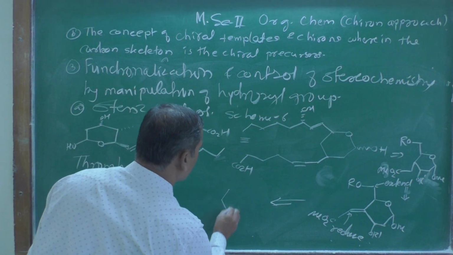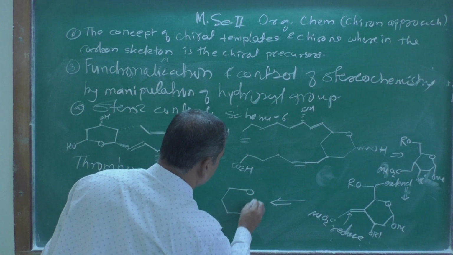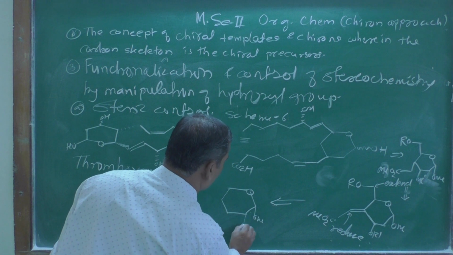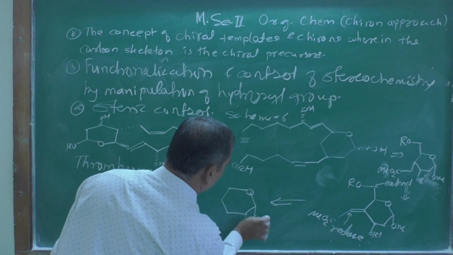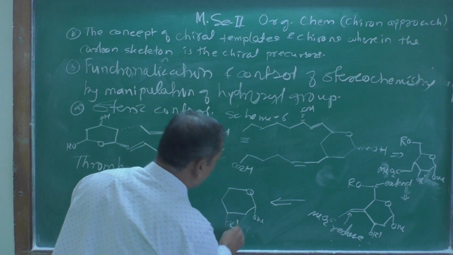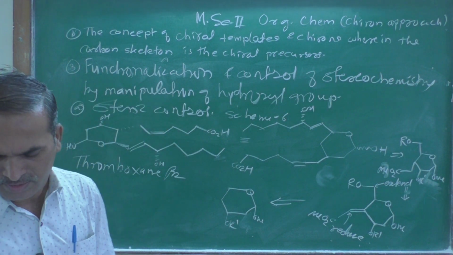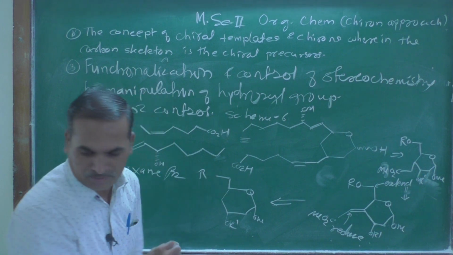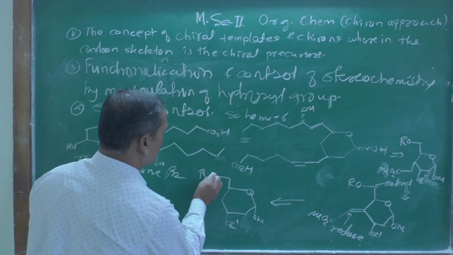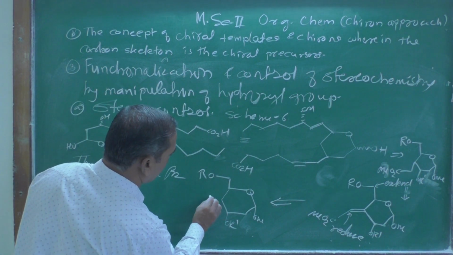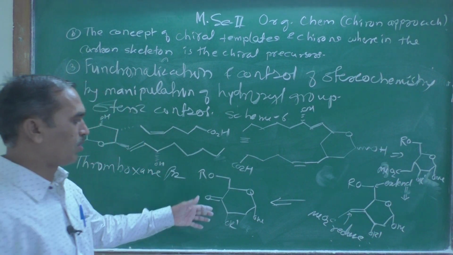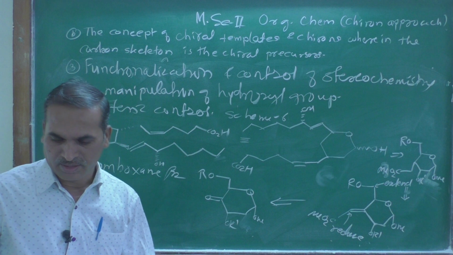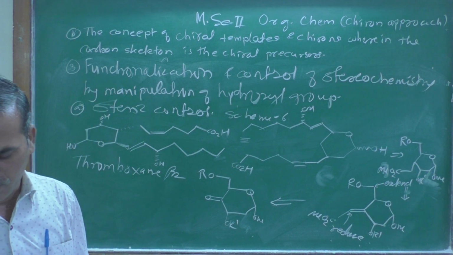OMe is still there, then OR dash remains as it is, but what is the change we made here? After reducing, we will get RO, and here a C double bond O carbonyl group. By using a Wittig approach, we can bring here the carbon-carbon double bond.